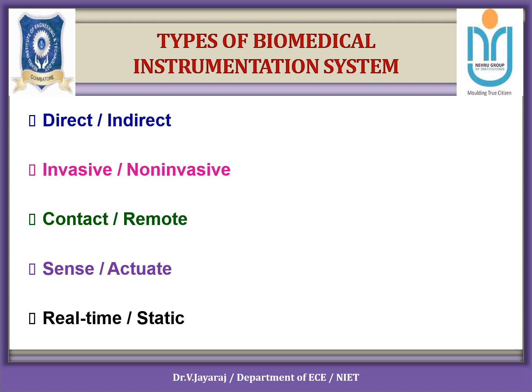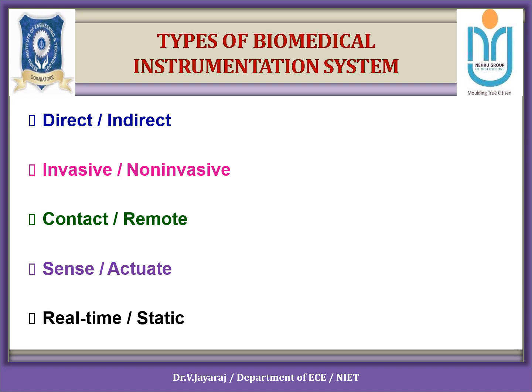Indirect are the instruments which are used to count the platelets. So the instrument which is used to take blood is called a direct instrument. The instrument which is used for analysis of the blood will be called indirect.